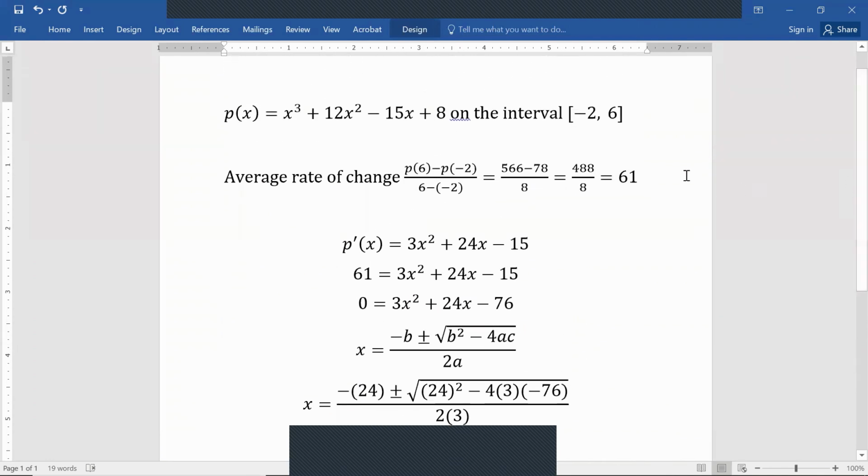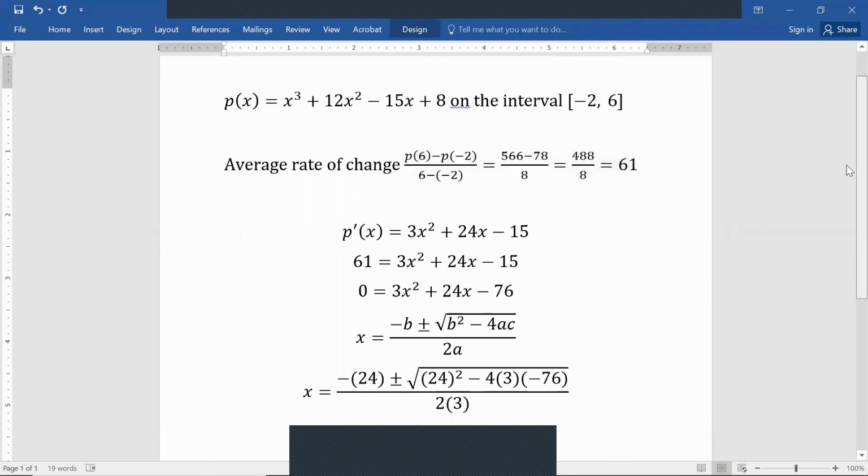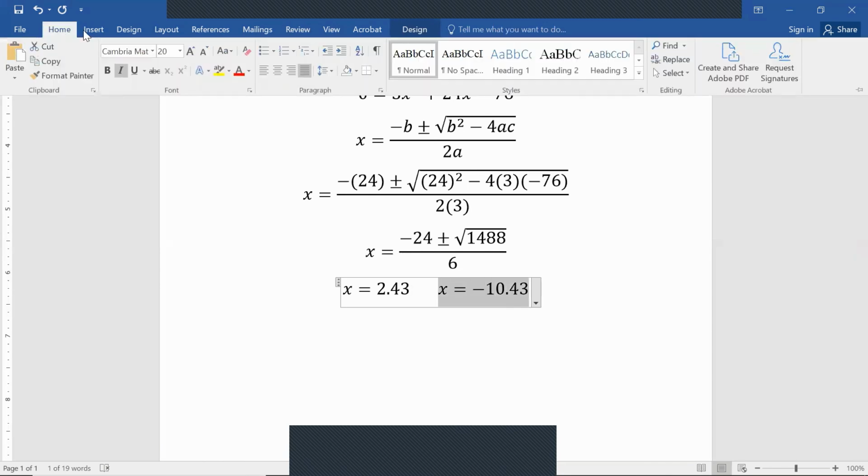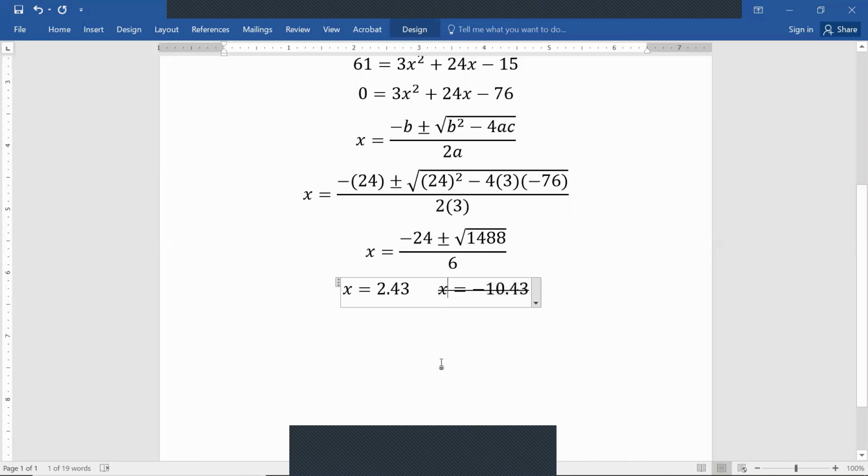You'll notice that of those two numbers, only one is in this interval. While they both have the correct instantaneous rate of change of 61, the only one that actually is in our interval that satisfies the mean value theorem is the 2.43. So we can cross out the negative 10.43 and just have one answer, which is approximately 2.43.